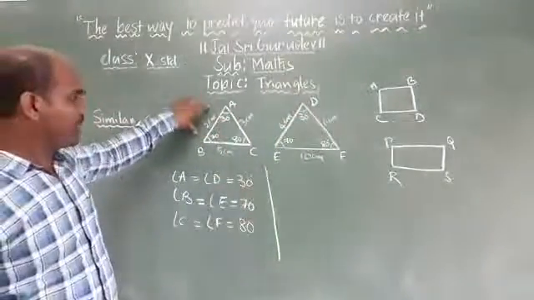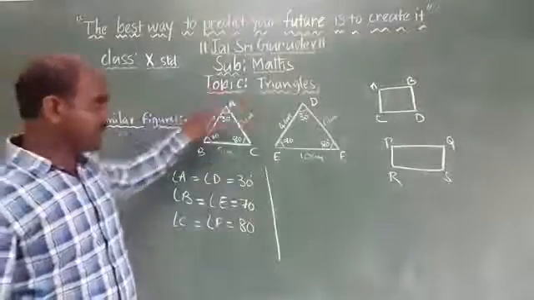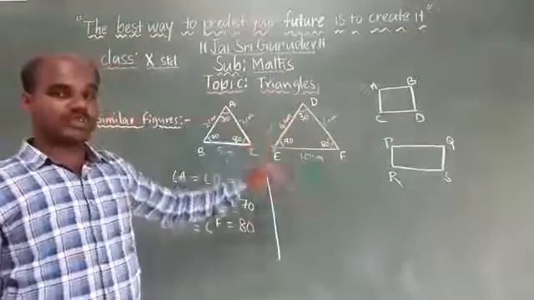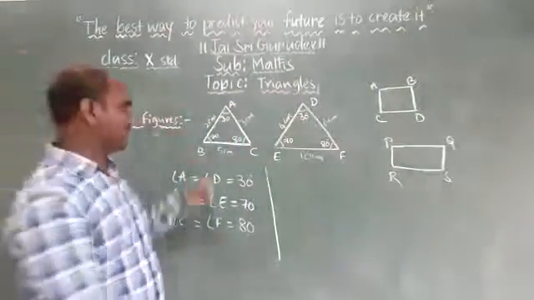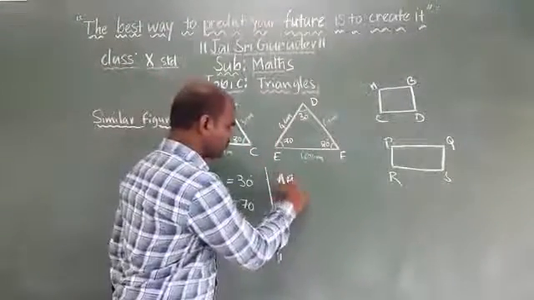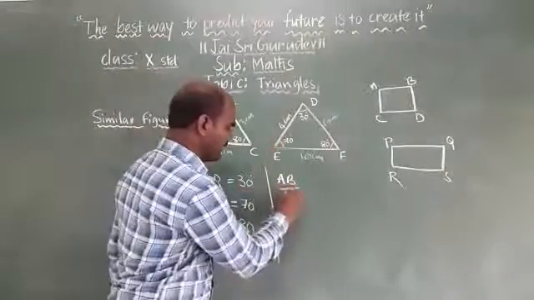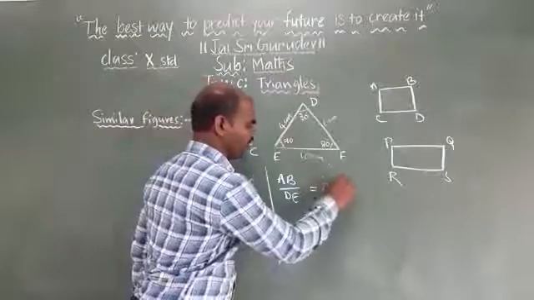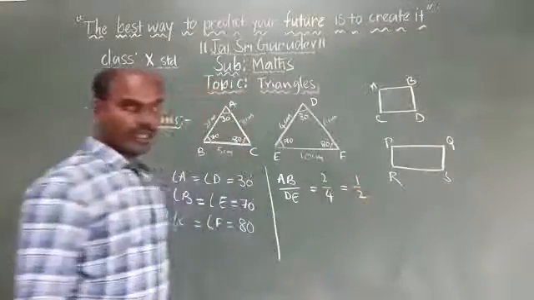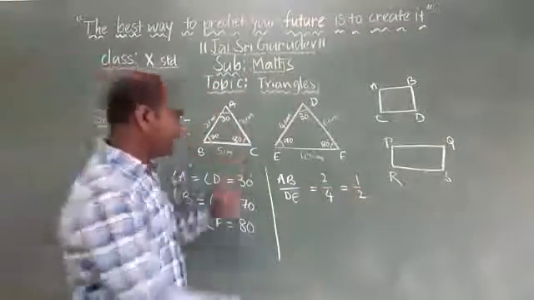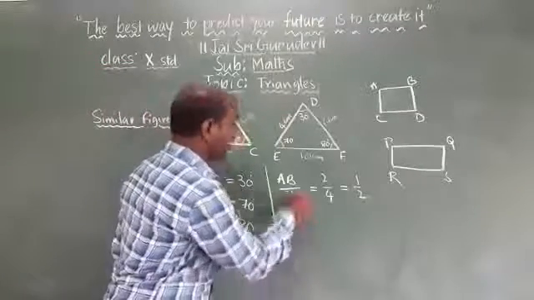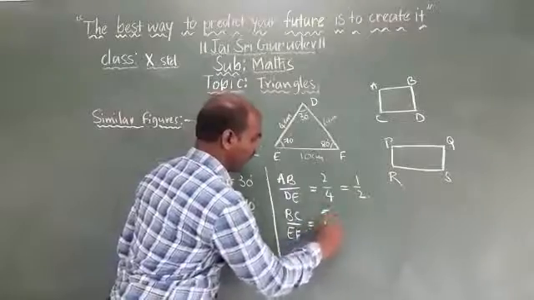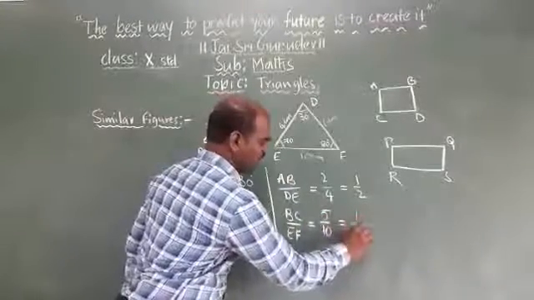ABC has sides and DEF has sides, and their ratio must be the same. So AB by DE is 2 by 4, which is 1 by 2.